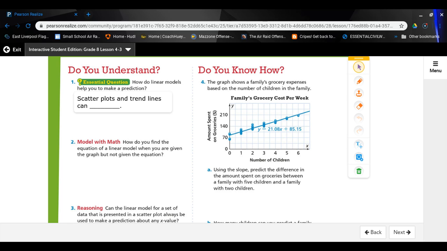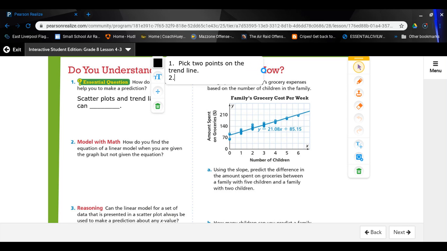Okay, down here, model with math. How do you find the equation of a linear model when you are given the graph, but not the equation? Here we go. We pick 2 points on the line, on the trend line, I'm sorry. Count rise over run.